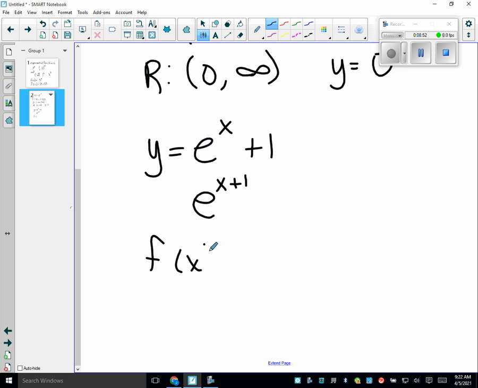F of x is equal to negative e to the x minus 1 plus 2.